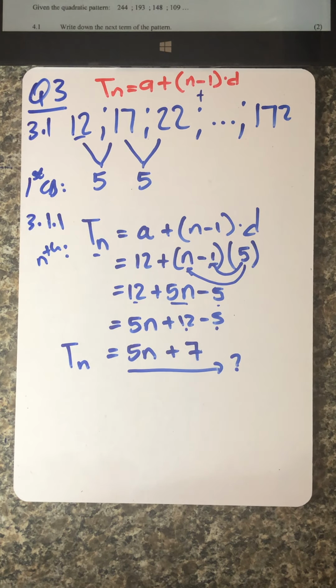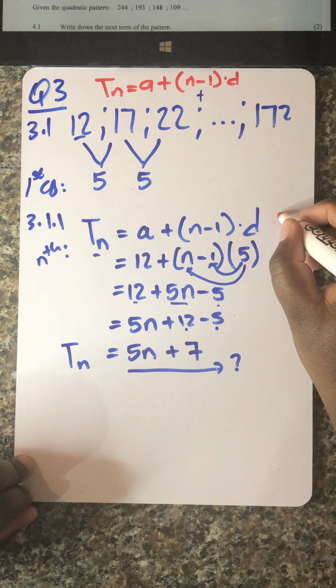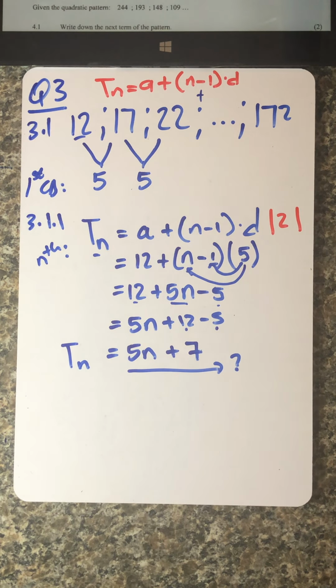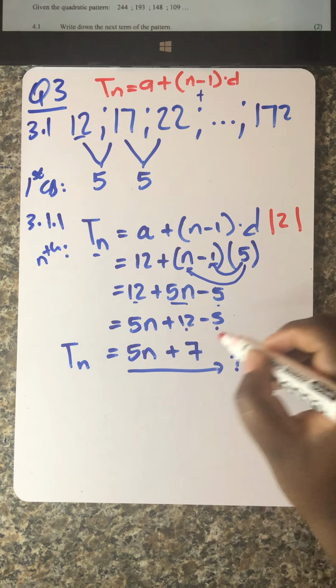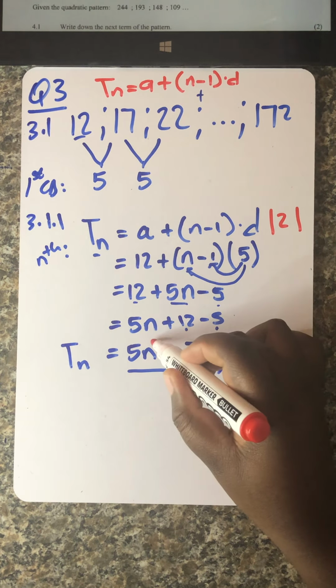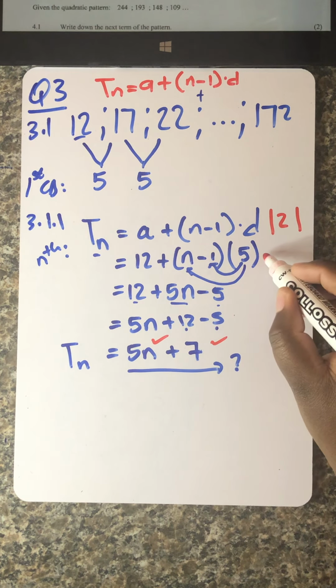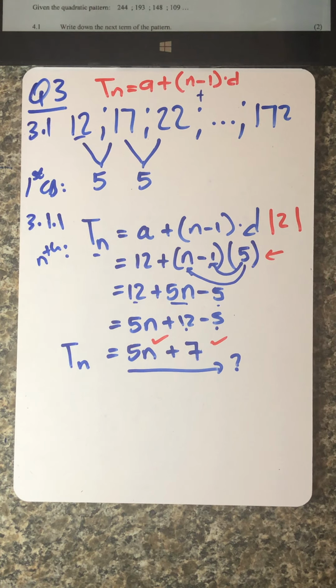So remember, this question was allocated how many marks? It was allocated 2 marks. So where do you score your marks, guys? They will just give you 2 marks for your final answer.